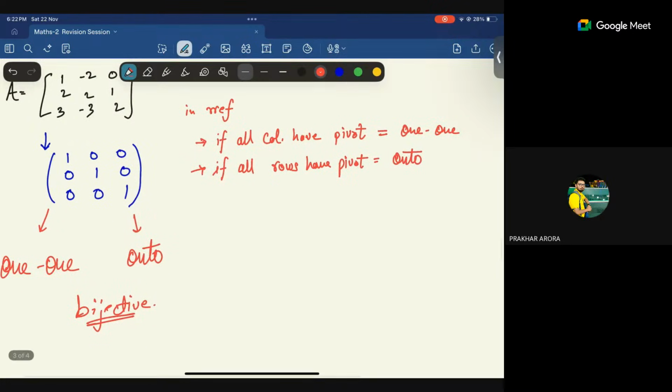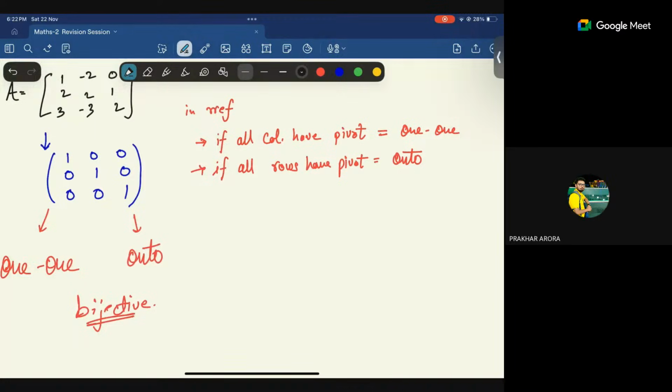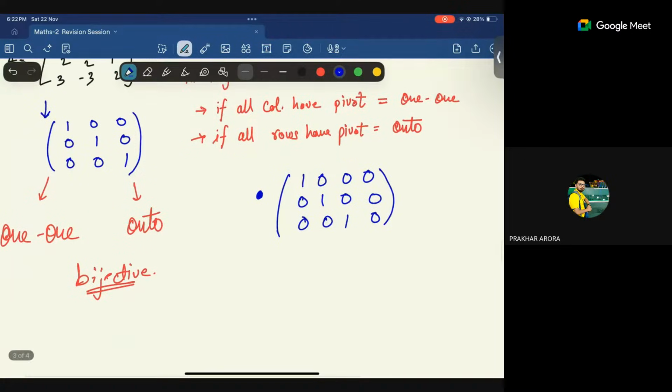Now I'm not going to take matrices here, it will unnecessarily waste time. Let me just take RREF forms. For example, suppose this is my RREF form. Now the same thing, whether it is 1 1 or onto or not. Do all columns have pivot?